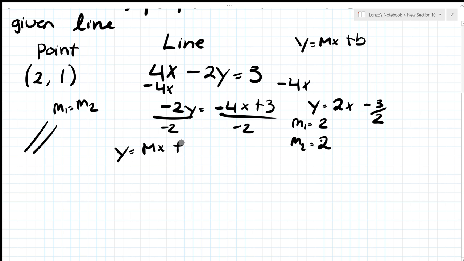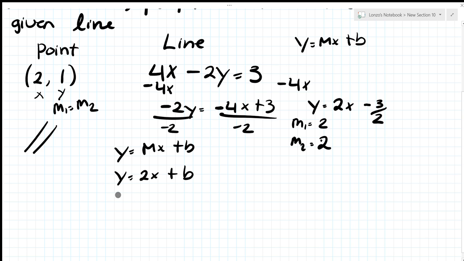So remember y equals mx plus b. Our slope is going to be 2x plus b. We don't know the b. How do we find the b? You simply plug in the point and then solve for b. So this will be our point. The 1 is going to be our y, and 2 is going to be our x.